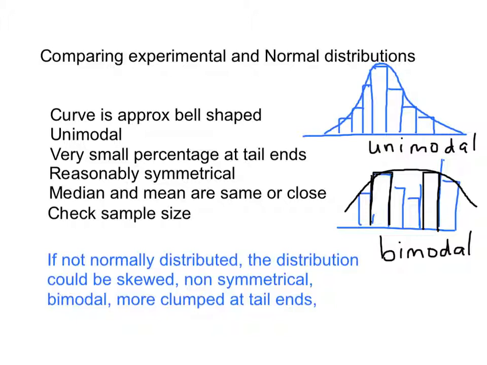Now this one is a little bit skewed, but reasonably symmetrical, about the same on both sides, like a mirror in the middle. The median and the mean are the same or close. So the mean and the median are both about in the middle.